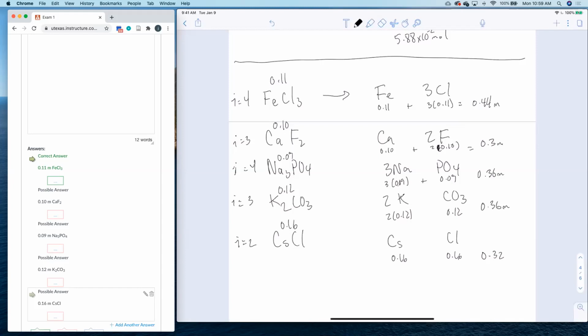Then you could just multiply it times that number. So that one's 44, this one's 30, this one's 36. But getting the Van't Hoff factor is the main thing.